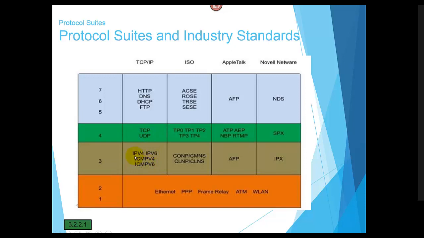The third layer, which is your network layer, IP version 4 and 6 and ICMP 4 and 6. Layer 2 would be your data link and then your physical. Here you think of Ethernet, point-to-point, frame relay, ATM, and your WLANs. Here are ISO standards. Here are AppleTalk standards.